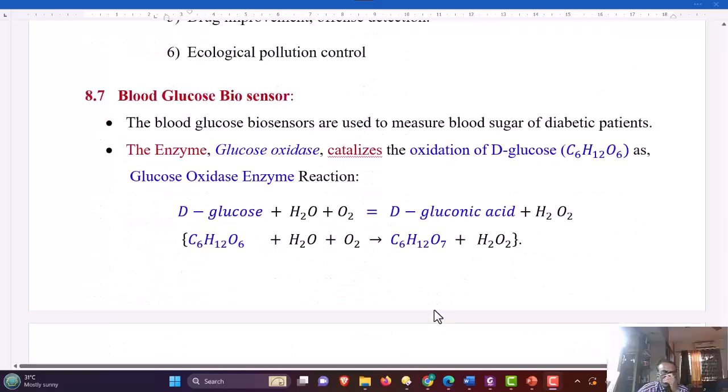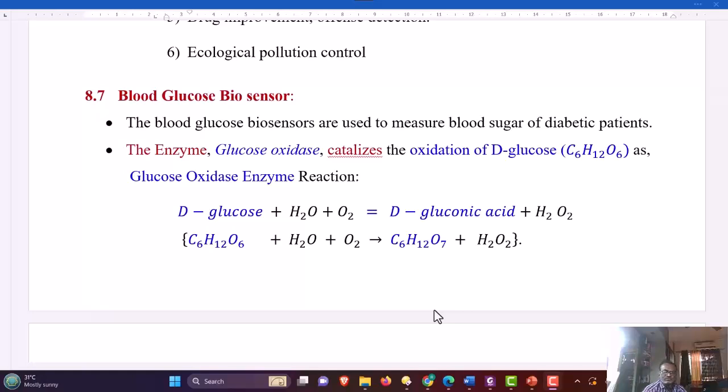A typical example of a biosensor is the blood glucose measurement sensor. The blood glucose biosensor is used to measure the glucose content in the blood of a diabetic patient. In this sensor, the enzyme glucose oxidase is used as a catalyst, and its reaction with the blood oxidizes D-glucose, which is the glucose content in the blood.